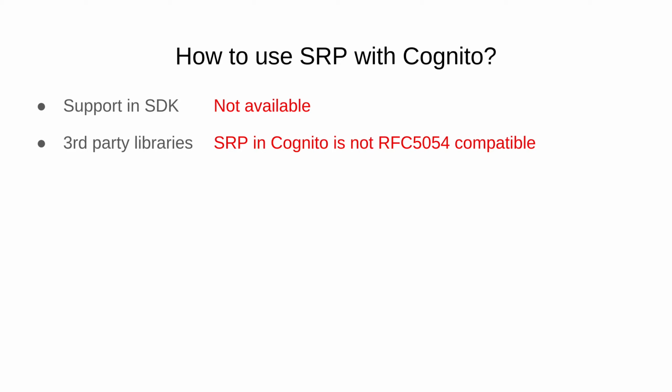It's just a variation of this protocol implemented in Cognito, but it's not a standard one, it's not compatible. So if you try to use any of the existing libraries to calculate those values that are within the protocol, you will soon notice that this simply doesn't work.